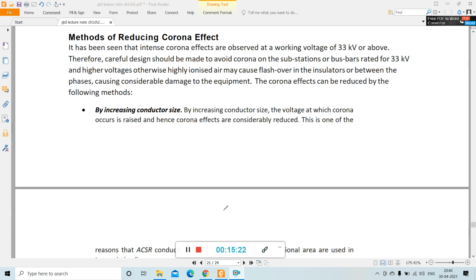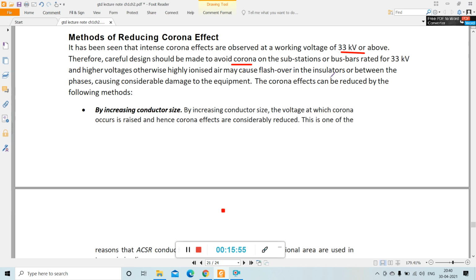So in methods of reducing corona effect, what do we have to do? Already we know that corona effects are observed at working voltages of 33 kV or above. Therefore careful design should be made to avoid corona on substations or bus bars rated for 33 kV and higher voltage. Otherwise highly ionized air may cause flashover in the insulation or between phases, causing considerable damage to the equipment.